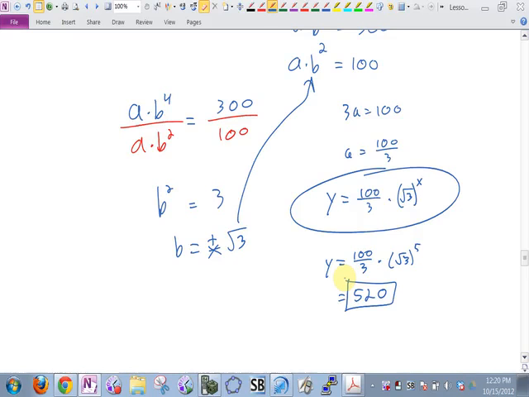If I've got more than half a fruit fly, I'm counting that as a whole fruit fly. Yeah, 0.6 of a fruit fly.